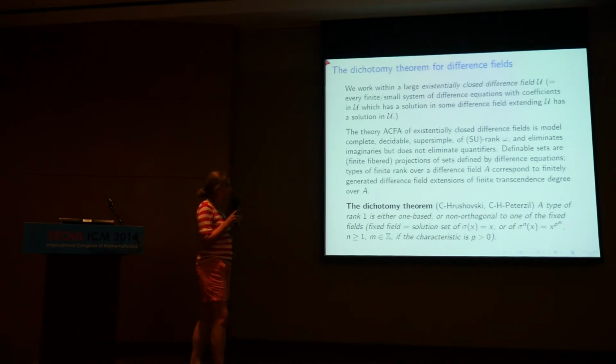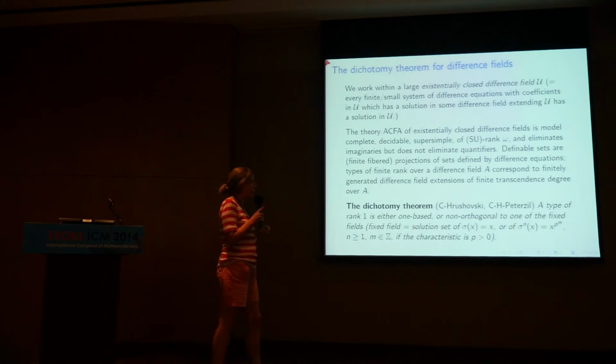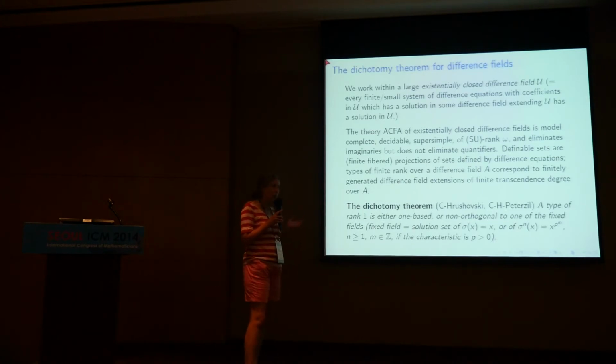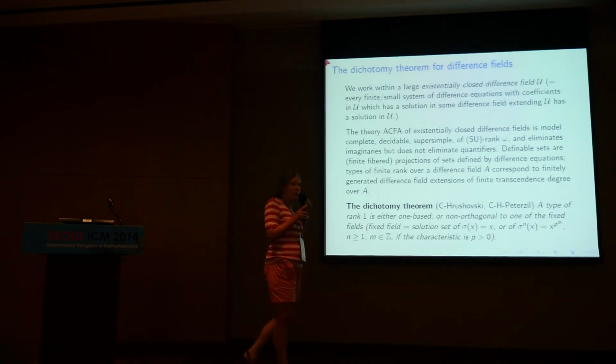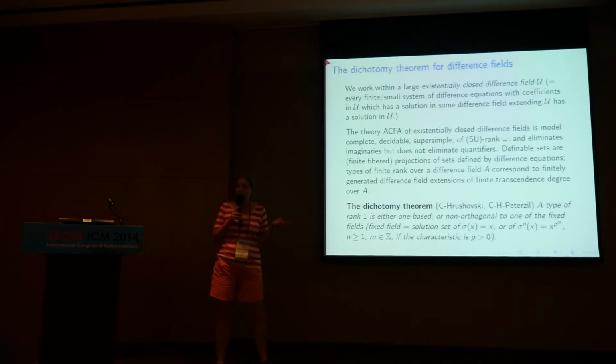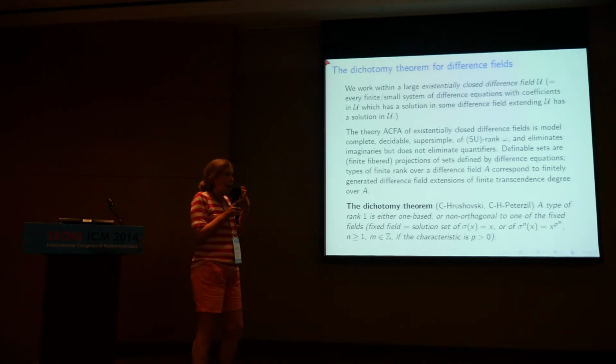And the main result, which was proved first in characteristic 0, and then in characteristic p, with a quite different proof, is to say that if you take the solution set of a type of rank 1, it's either 1-based, I'll give the definition at some point later, or it's going to be internal to the fixed field, as I said before, at the cost.